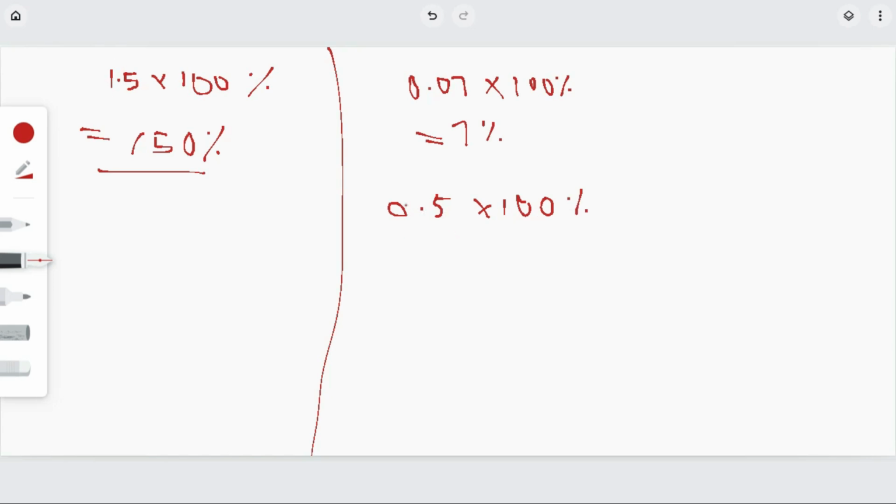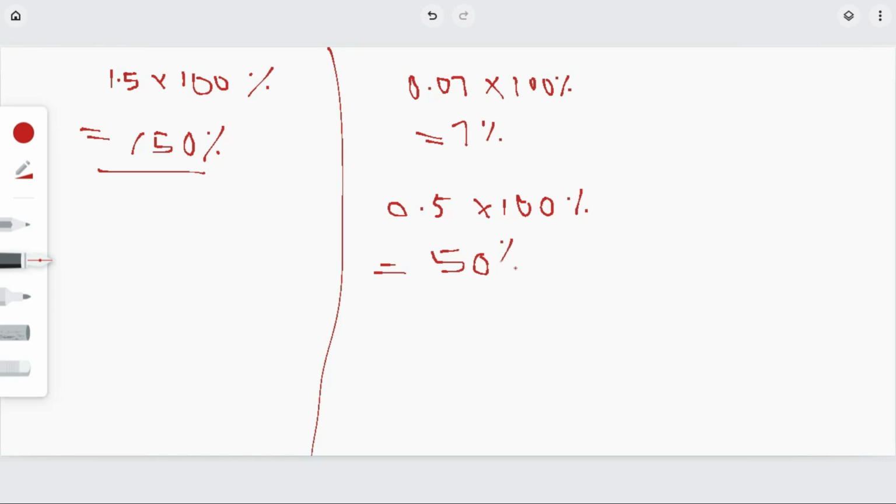Sorry, I made a mistake. It's not 500, it's 50%. So 50% is 0.5 when you change it to a percentage.